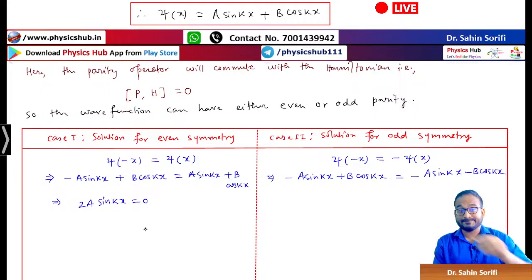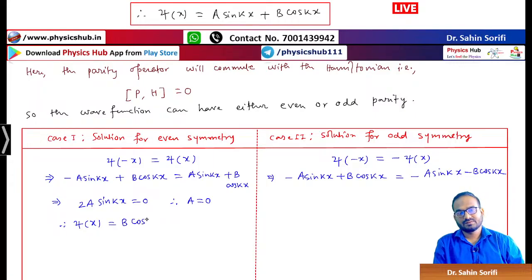Sorry guys. So from this what can you conclude? We can conclude that sin kx is non-zero. Therefore, we can say that a is equal to 0. If a is equal to 0, what does psi x become? B cos kx.